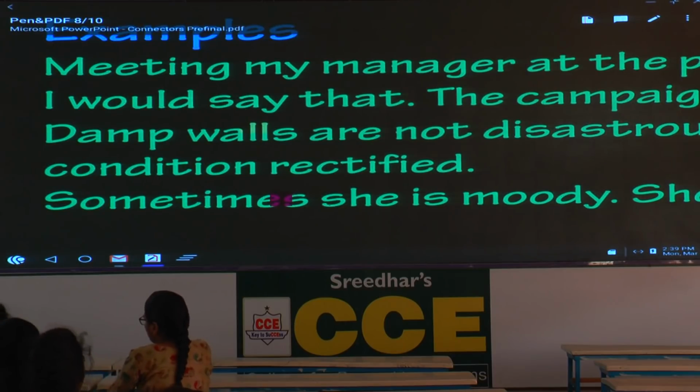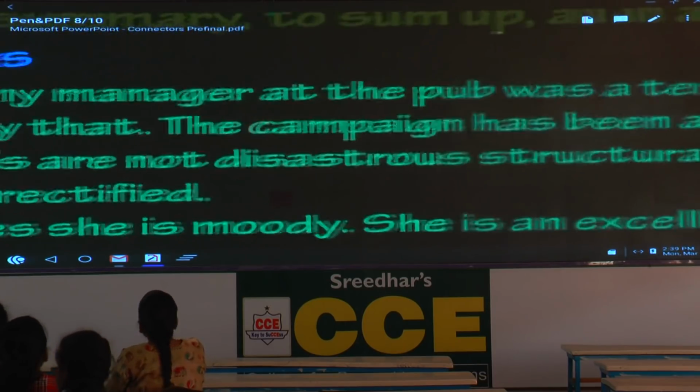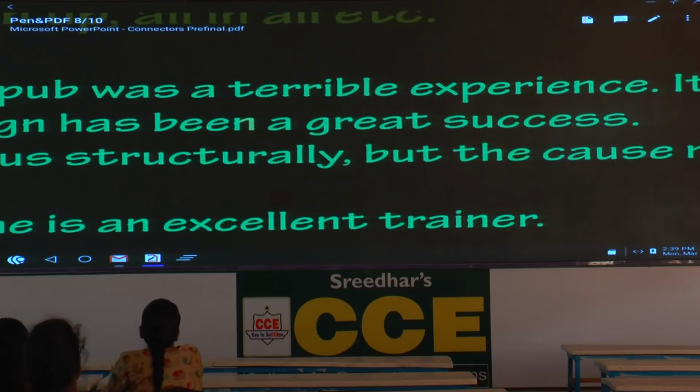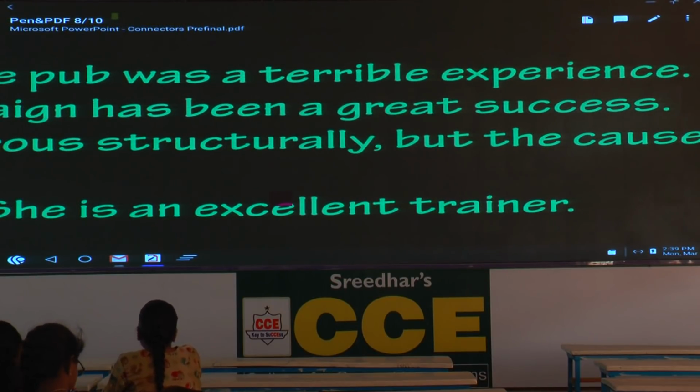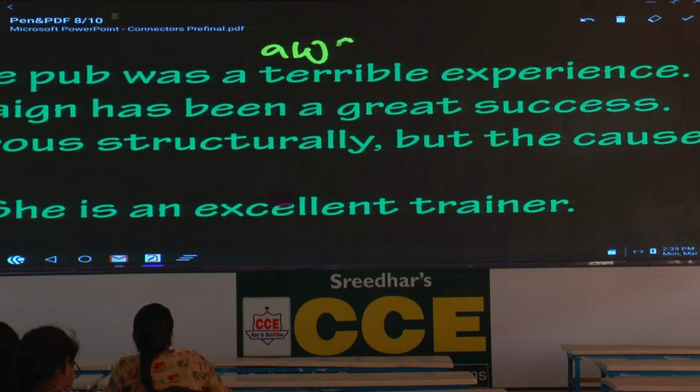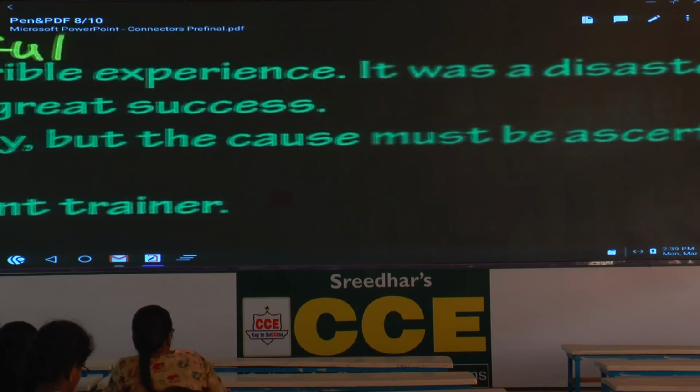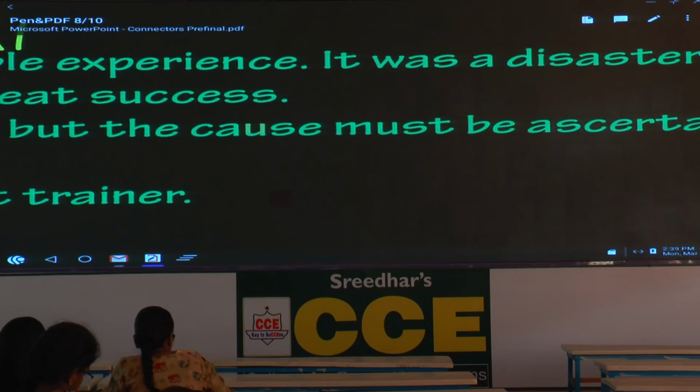I changed the word. Underline the word terrible. Terrible means what? You could also say awful experience, means bad experience, very bad. It was a disaster.